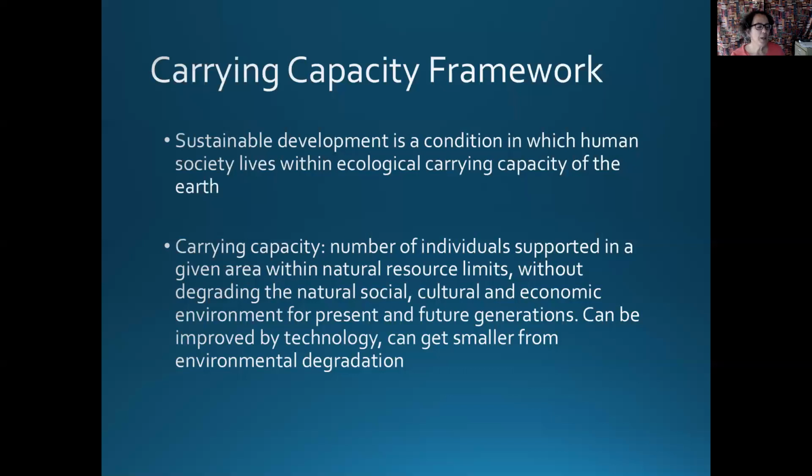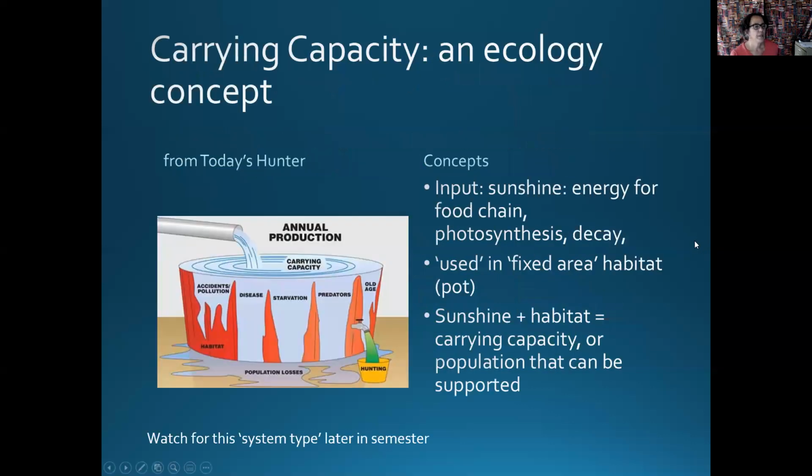It can be improved by technology. The carrying capacity of a place might be improved by the technology of composting, a technology of how you use a field or a soil. And carrying capacity of a region or a place can get smaller from degradation. So again, it's an ecological concept. This is back to deer.